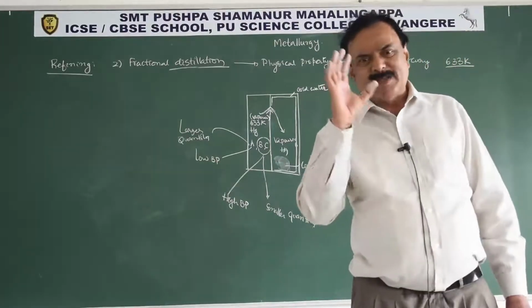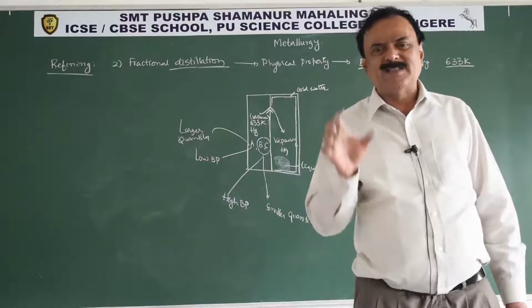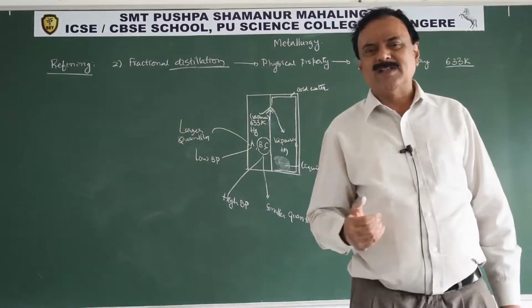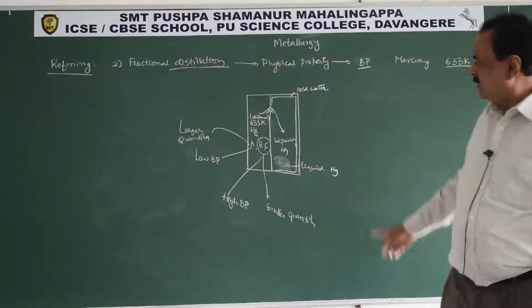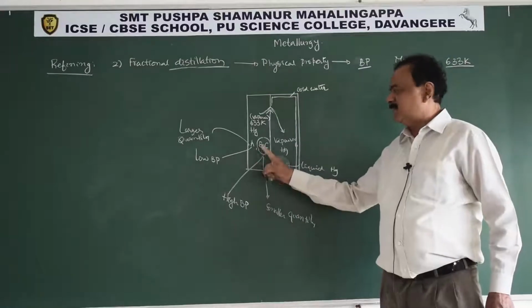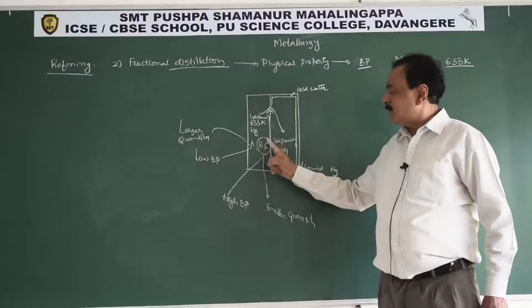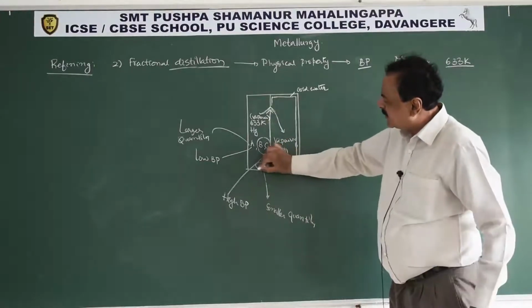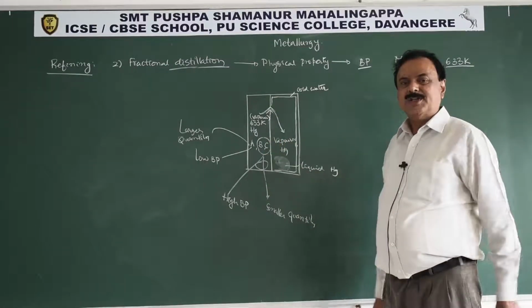What happens when the vapors of mercury are condensed by passing cold water? The vapors condense to liquid. Therefore, liquid mercury is collected in the neighboring chamber. The impurities with higher boiling points than mercury remain in this fractionating column.